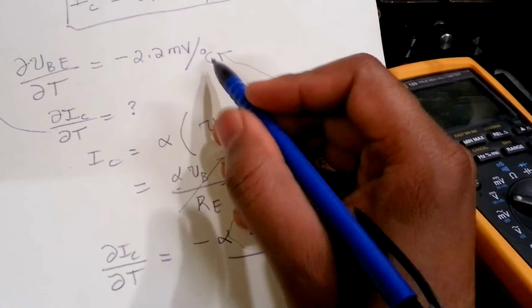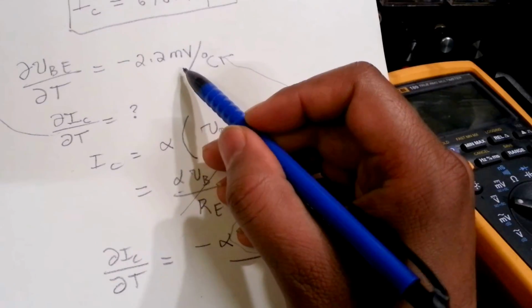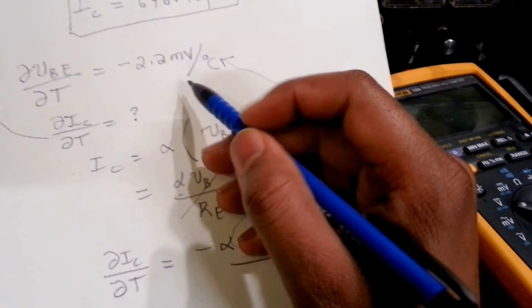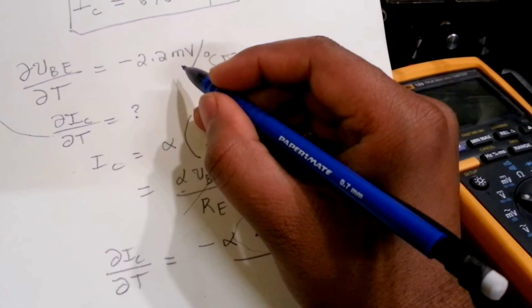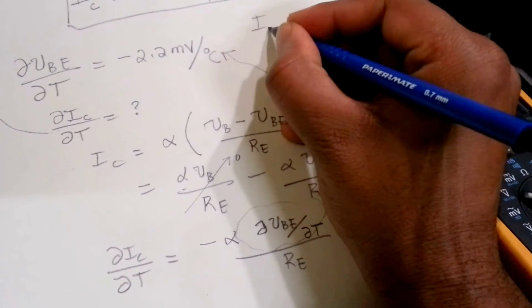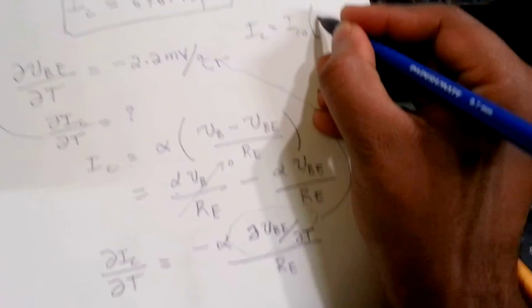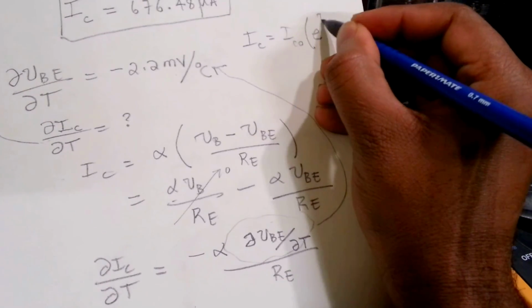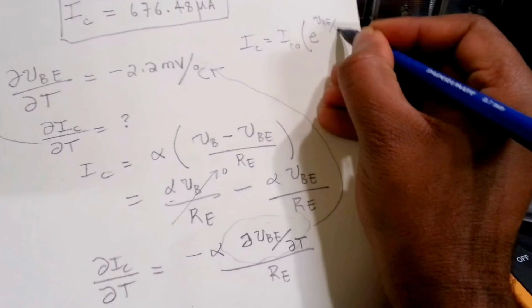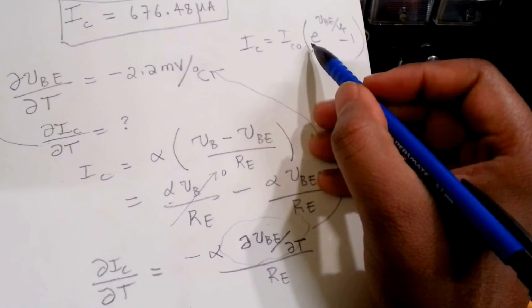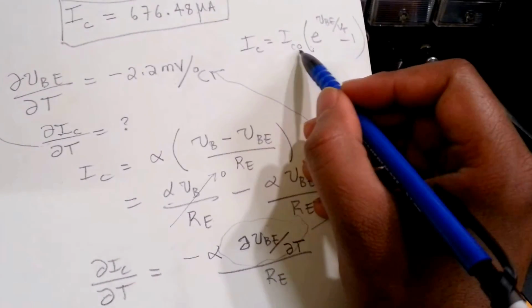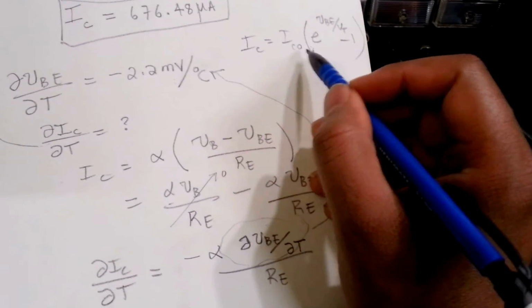It's a lengthy derivation to get it from the Ebers-Moll relationship between IC and VBE, with this term here, ICO e to the VBE divided by VT minus 1. So from this you can deduce this if you do some actual calculations.